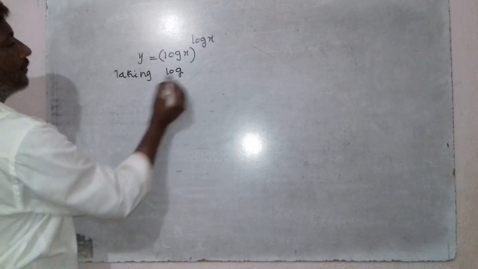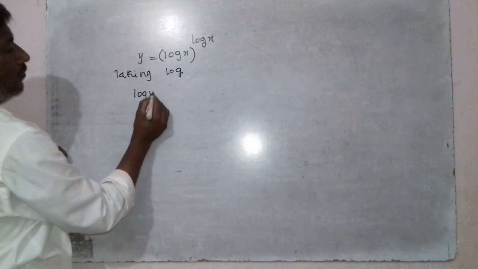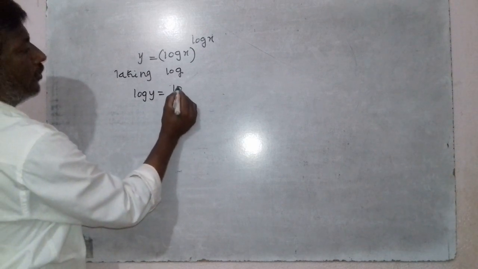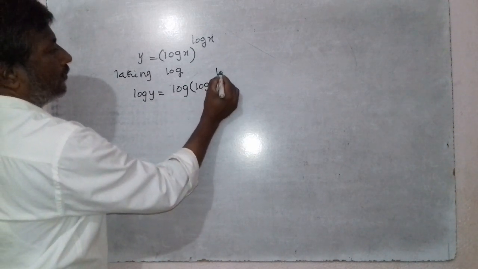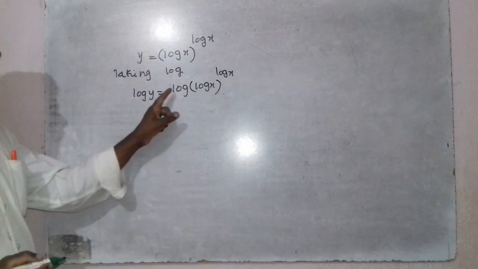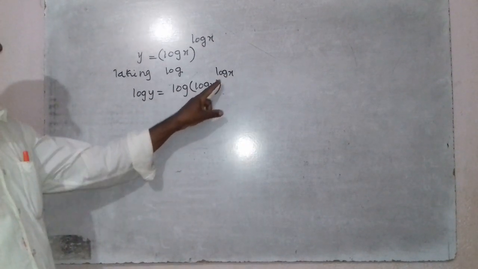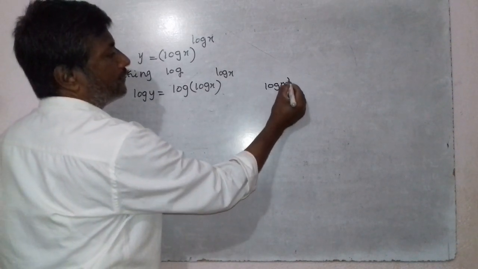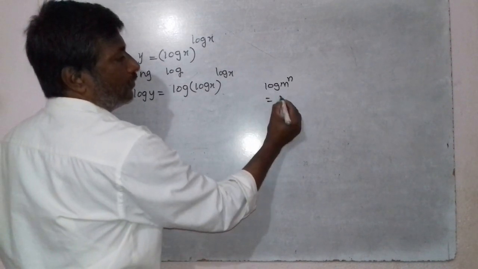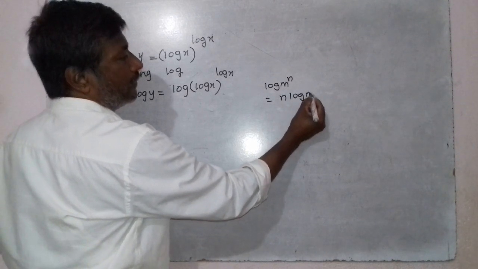Taking log, log y equals log of (log x) raised to log x. Log m raised to n equals n log m.